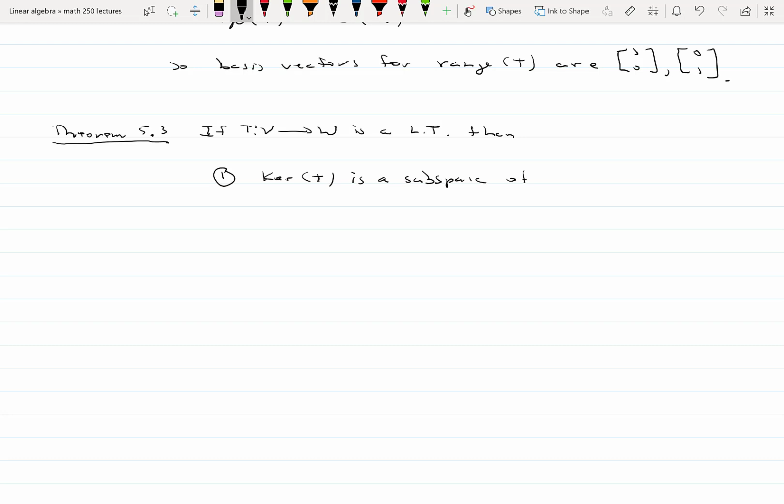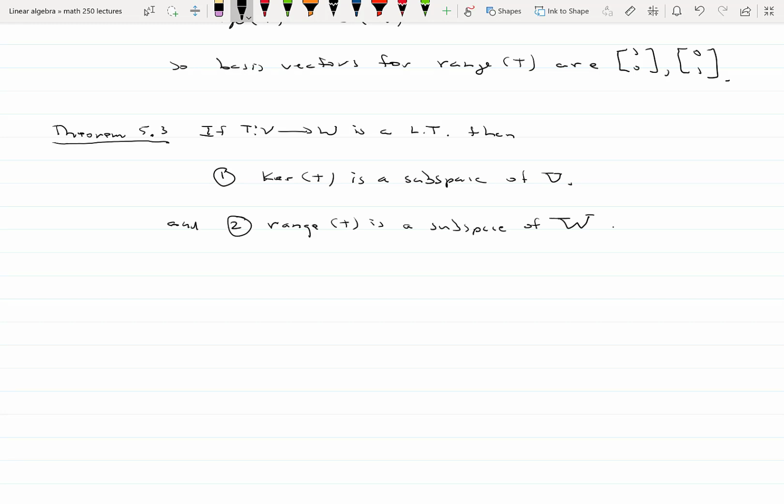Well, where do the elements from the kernel come from? They come from the domain space, so a subspace of V. And 2, the range of T is a subspace also of what? The range, where is the range? The range is in W. So the range of T is a subspace of W.